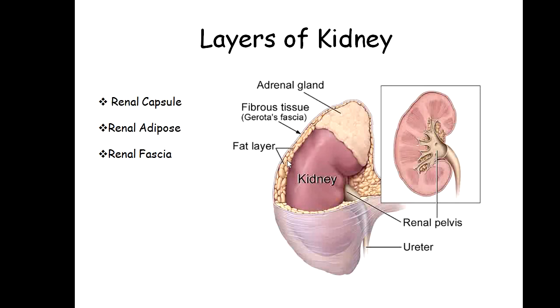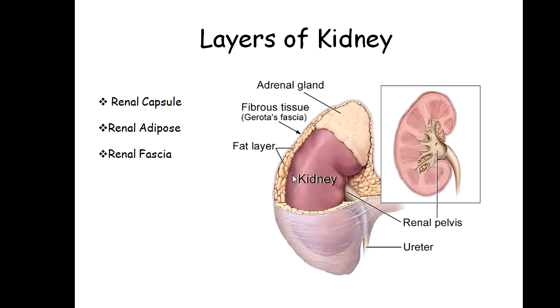The second layer above the kidney is the fatty layer. This whole layer from here to here is called renal adiposa because it represents the fatty layer.